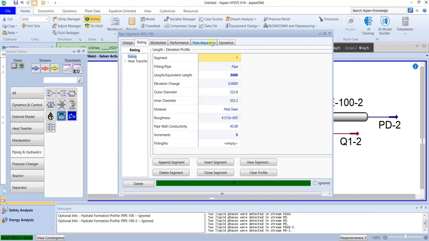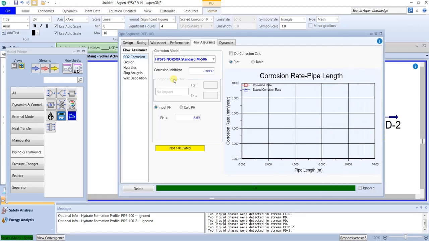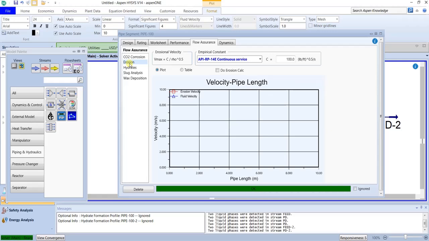So for this first one, to start up the erosion modeling, all you need to do is go to flow assurance. So you have the flow assurance tab at the top, right? So you just click on it. Previously, we worked on CO2 corrosion and hydrates, right? So today we are working on erosion. So click on erosion, and then it brings out the erosion environment, right? Then here you can specify your correlation, right? So these were the correlations I displayed earlier in the video.